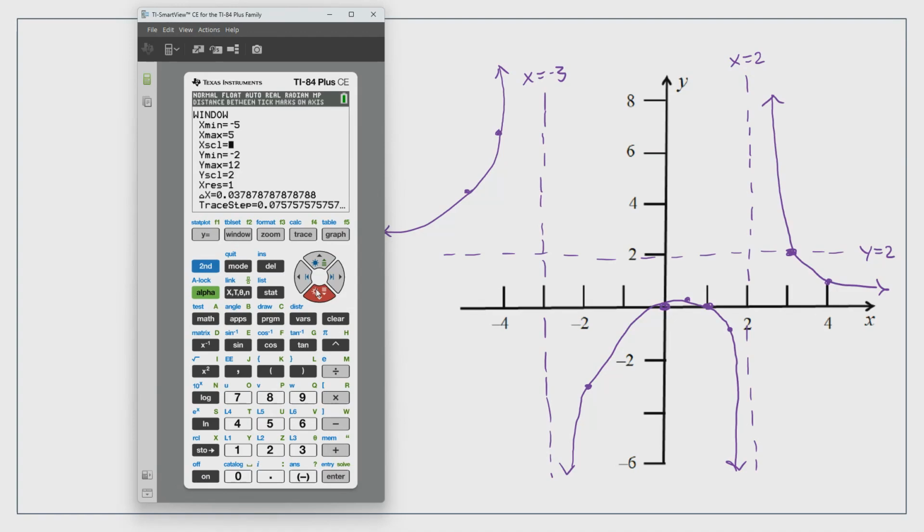Scale of 1. Our y-min is -6. Our max is 8. Our y-axis is going by a scale of 2. Okay, so let's press graph. Okay, that is very, very similar. Nice. I like.